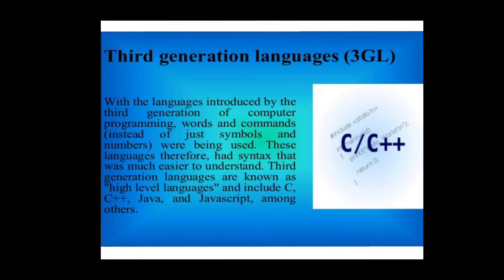So with the third generation languages we have higher level languages that are very simple, consisting of English and some mathematical symbols like plus, minus and division, etc., for writing programs. Examples of these higher level languages are C, C++, Java, etc.